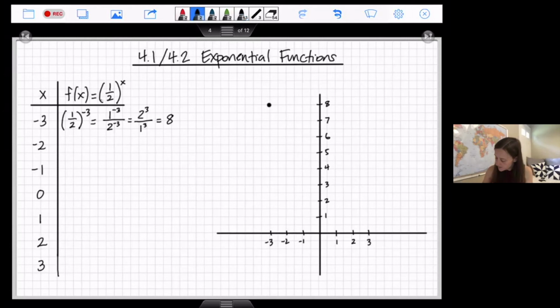This is going to look familiar after a while. So I've got 1/2 to the negative 2. I'm going to distribute: 1 to the negative 2, 2 to the negative 2. They flop sides of the fraction, become 2 to the positive 2, 1 to the positive 2. That gives me 4 over 1. So I've got the point negative 2, comma 4.